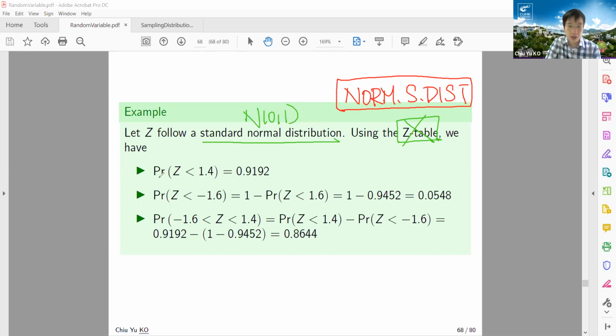So we will calculate the probability of x less than 1.4, x less than 1.6, and in between.